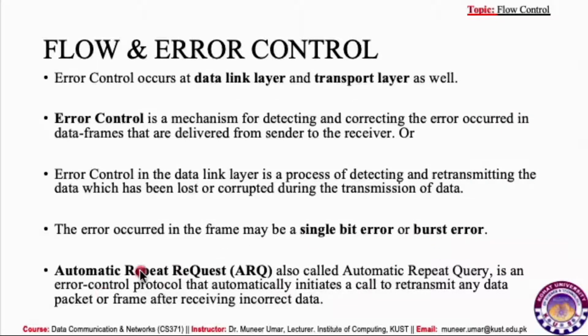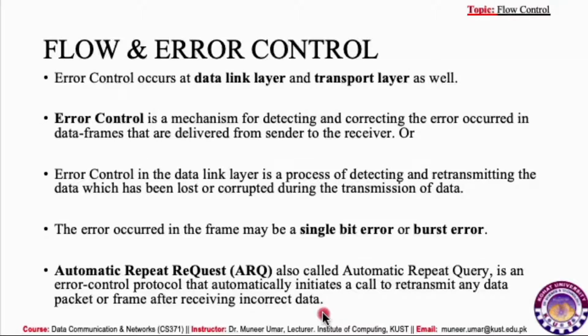So now the main concern in this lecture is automatic repeat request, ARQ, also called automatic repeat query, an error control protocol that automatically initiates a call to retransmit any data packet or frame after receiving incorrect data.